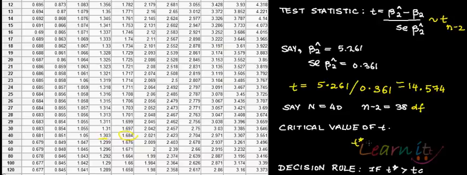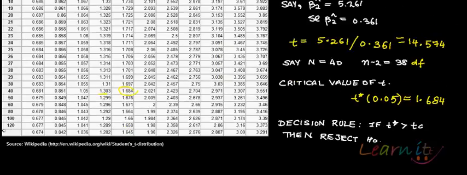This is t star at 5% level of significance. It is 1.684. Sorry, I have written it wrongly. In case the calculated t is greater than t star, you reject the null hypothesis.